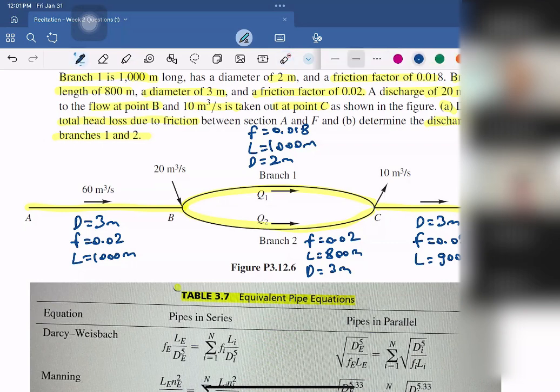Okay, let me get started with the first question. So we need to find the total head loss due to friction, so that we will have head loss 1 here, head loss 2 here, head loss 3 here, head loss 4 here.